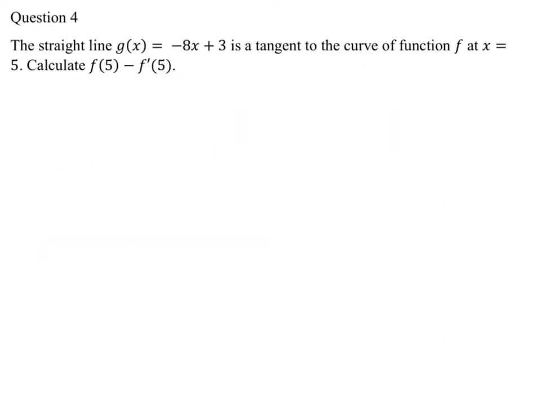Next question here. The straight line g(x) is a tangent to a curve f at the point x equal to 5. Calculate f(5) minus f prime of 5.